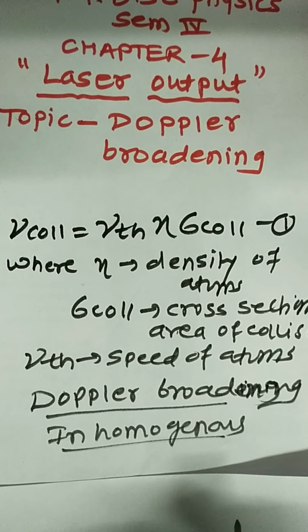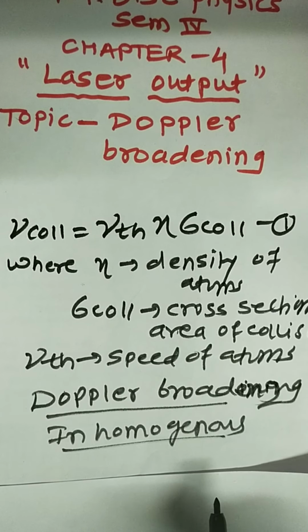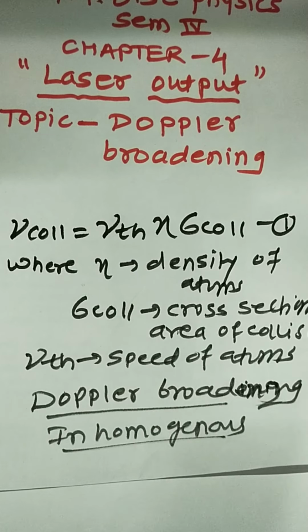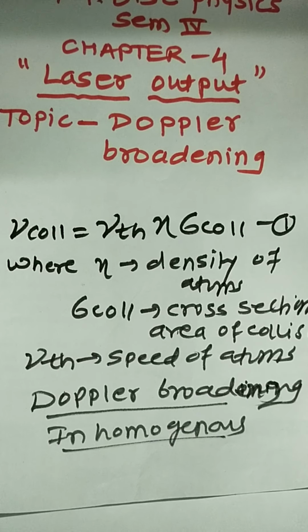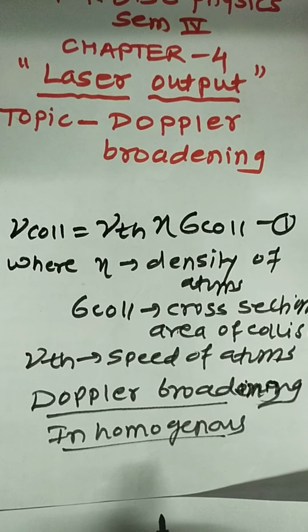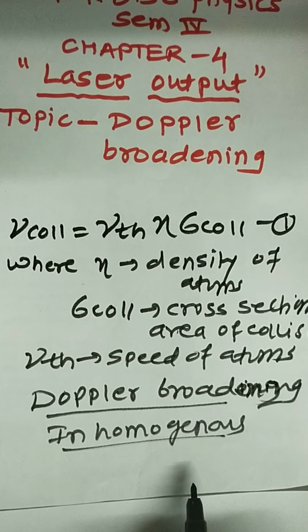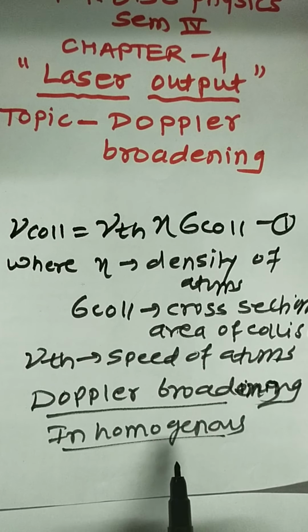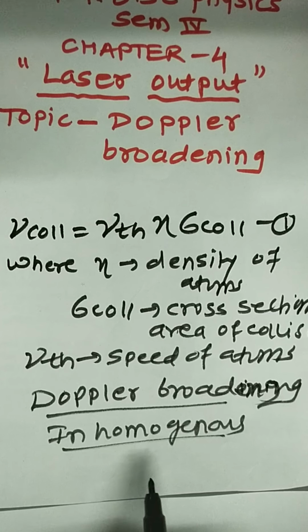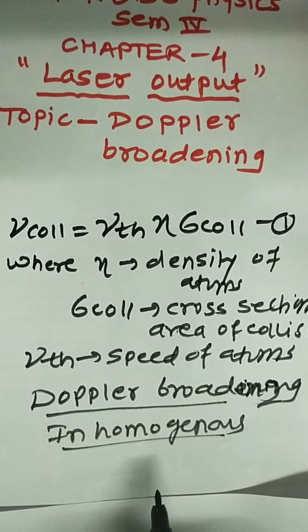Doppler broadening is the broadening of the spectral lines due to the Doppler effect caused by the distribution of the velocities of the atoms. Different velocities of the emitting particles result in different Doppler shifts.